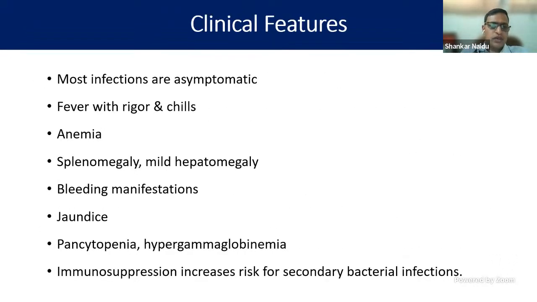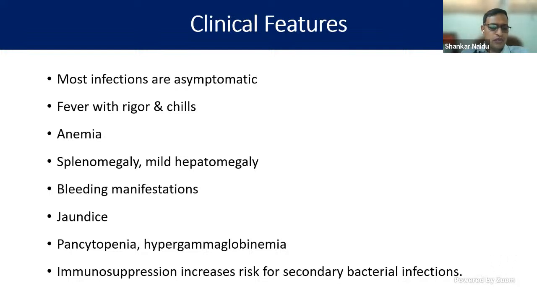So coming to the clinical features, fever with rigors and chills is a typical manifestation of visceral leishmaniasis. They can present with cytopenias, which can be anemia, thrombocytopenia, or leukopenia, and usually they have moderate to large spleens.